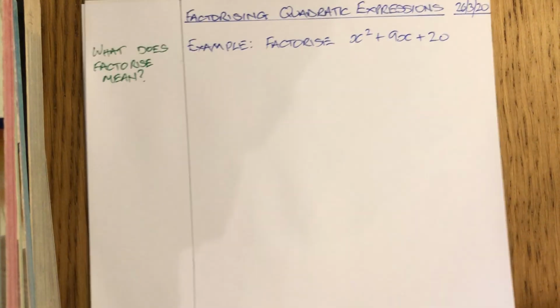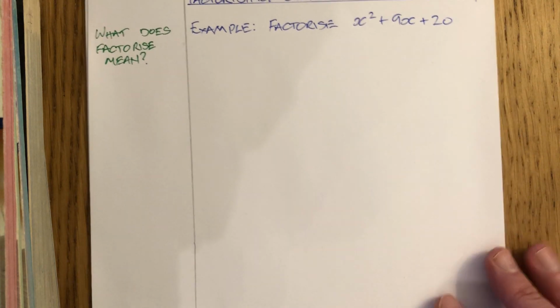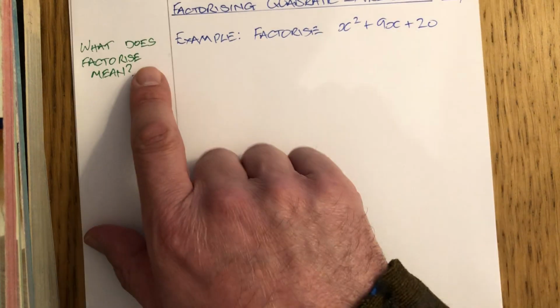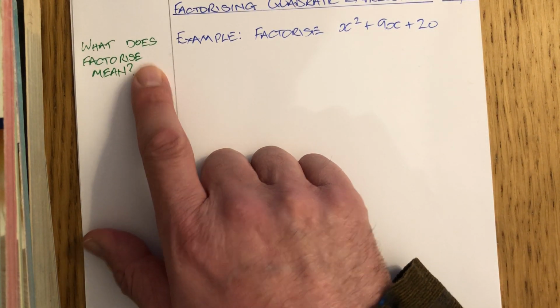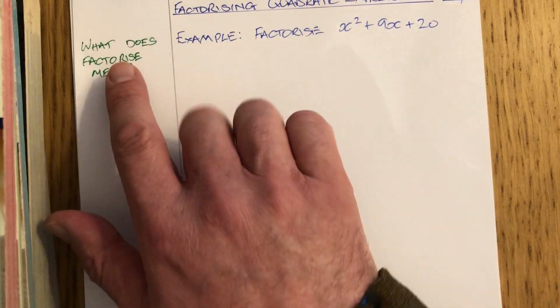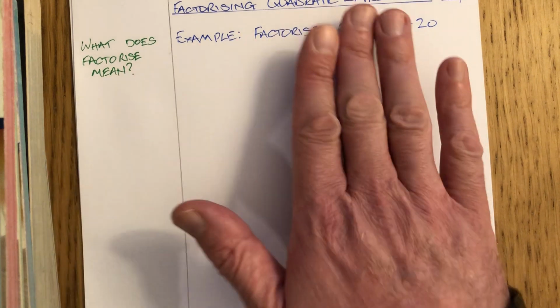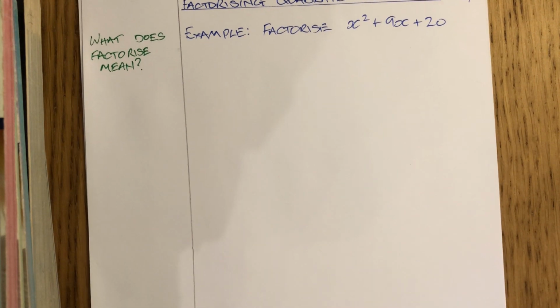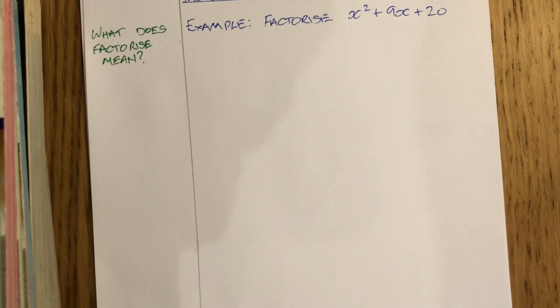I've got my left-hand margin here and a summary box at the bottom. I'm going to ask myself questions in the left-hand margin, which I can self-test, cover this up, ask myself what does factorise mean, and then look for the answer once I've had a go at answering the question myself.